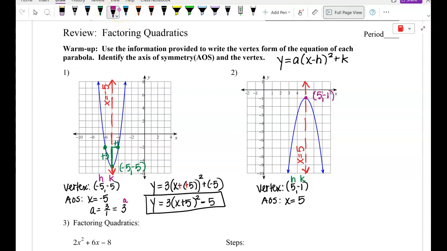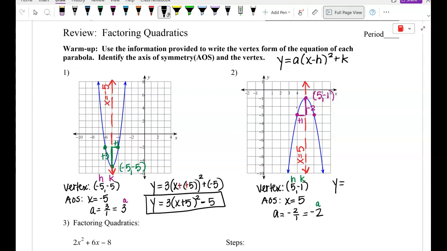So from my vertex to my first set of points, in this case, I'm going down 2 and over 1. So my a value is -2/1, or just -2. Now I have all three pieces of missing information here.